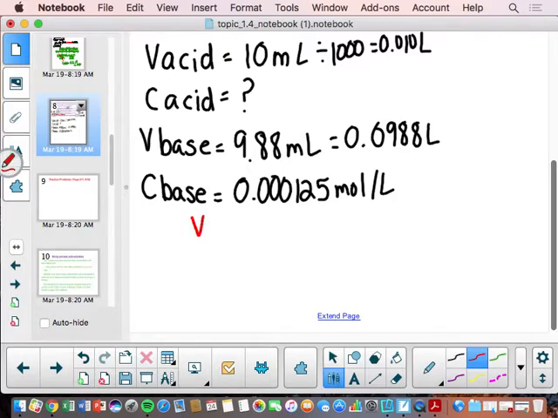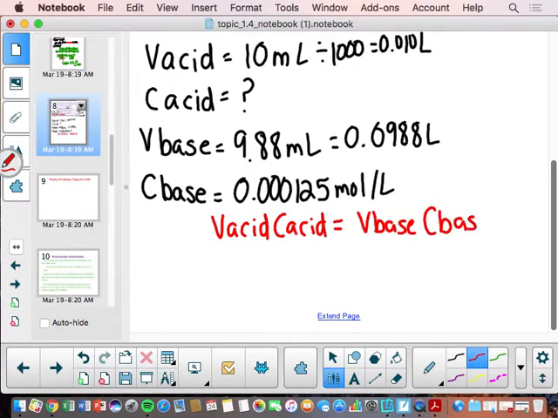Formula. V acid, C acid is equal to V base, C base. And then you want to plug in all those numbers. So our V acid is 0.010, right?